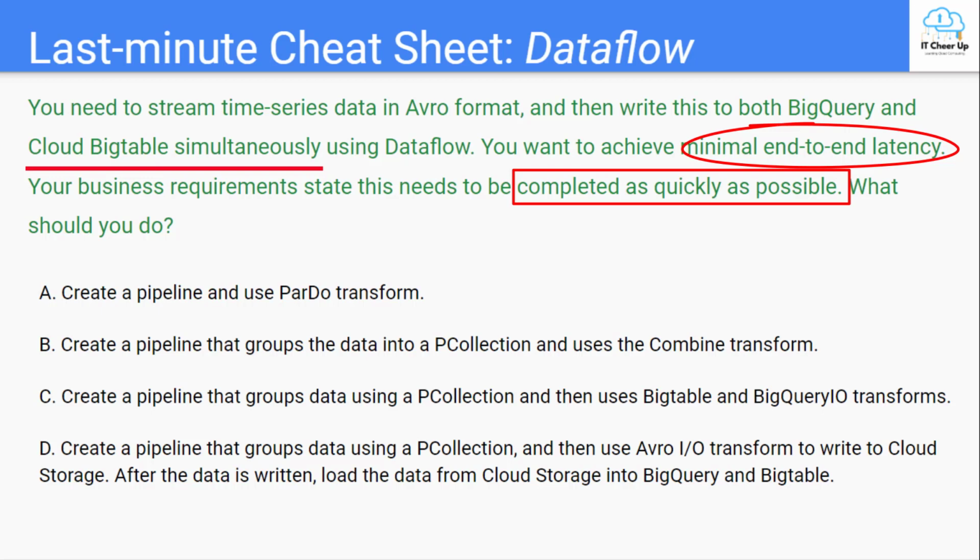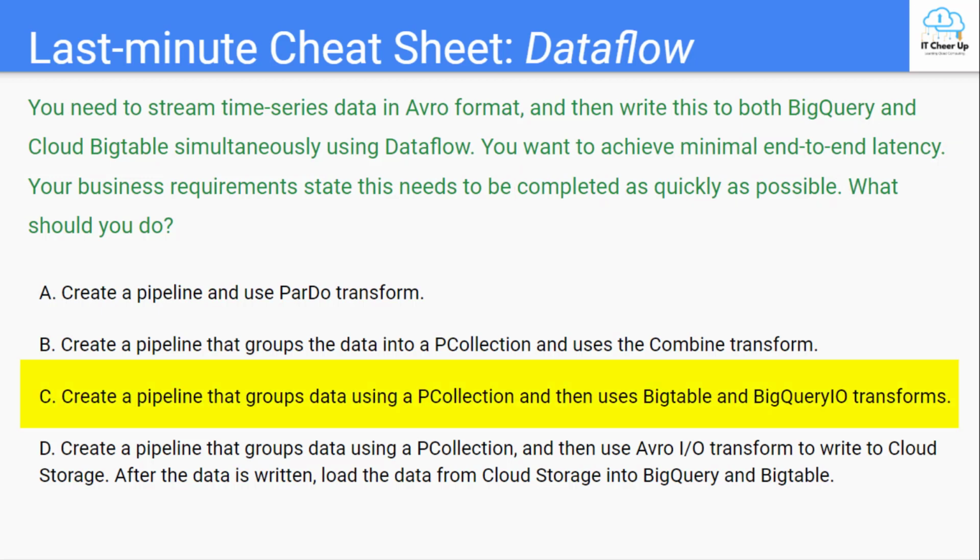You can use Apache Beam provided Bigtable and BigQuery I/O transforms to complete the pipeline quickly, so you don't need to use Cloud Storage as an intermediary. Loading the data from Cloud Storage to BigQuery and Bigtable will increase the latency, so the correct answer is C.